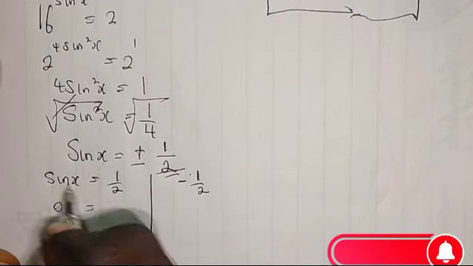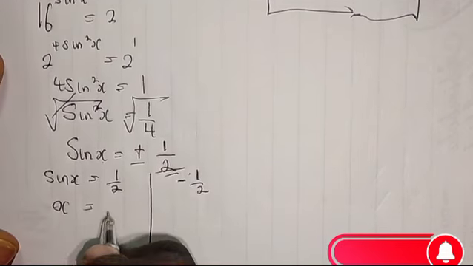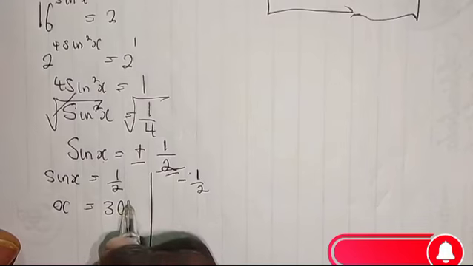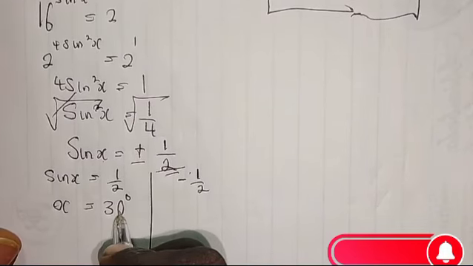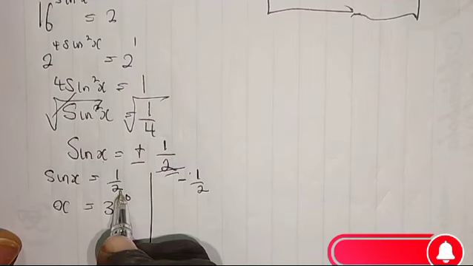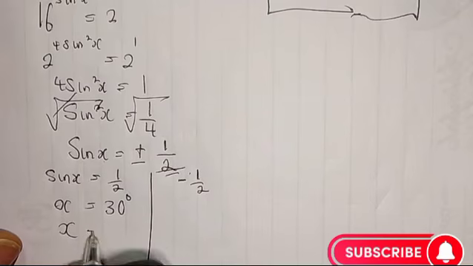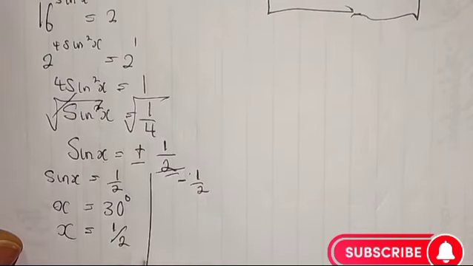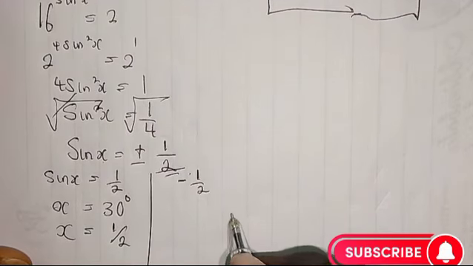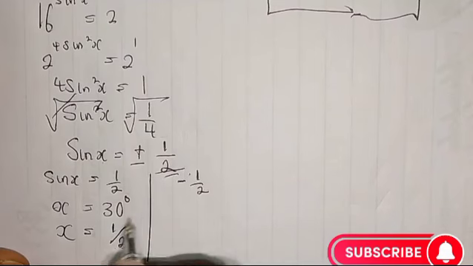Now, so when sine x is equals to 1 over 2, don't forget sine 30 degree is equals to 1 over 2, right? When it is positive. So when you subtract 30 degree from 180 degree, we have 150 degree. 150 degrees also gives 1 over 2, right? And it's still positive at that quadrant. But for the negative part, don't forget at the third and fourth quadrant, sine is negative.